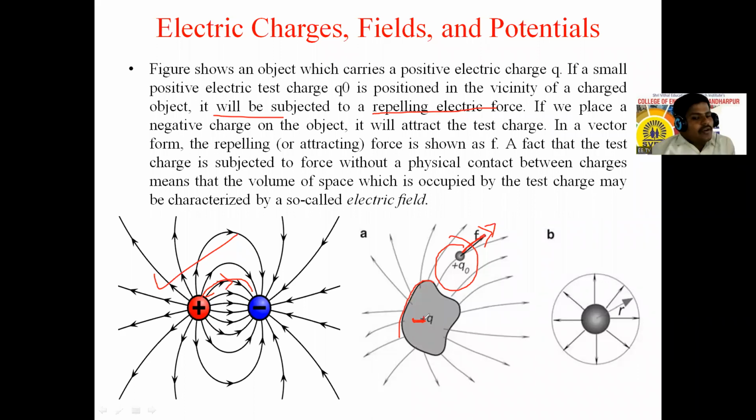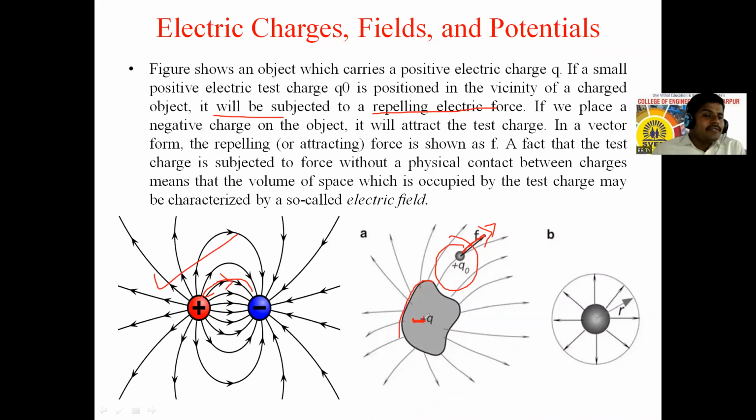So similarly, if unlike or opposite charges are there, then there is an attraction between those two charges. Okay, and this force, attractive force and repulsive force: for unlike charges there is an attractive force, for like charges there is a repulsive force, and it is represented by F.